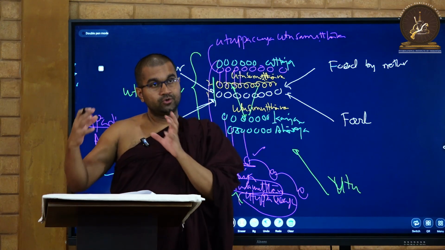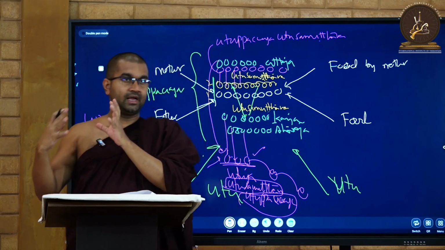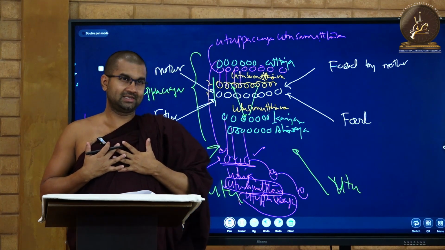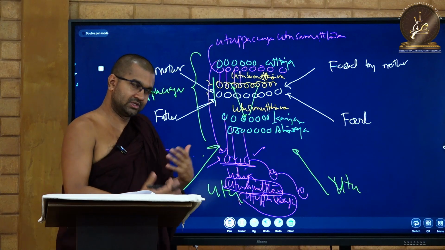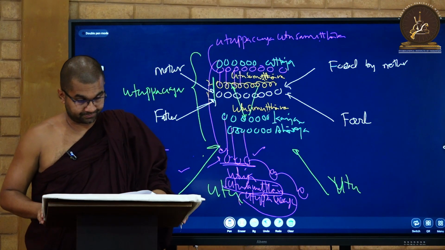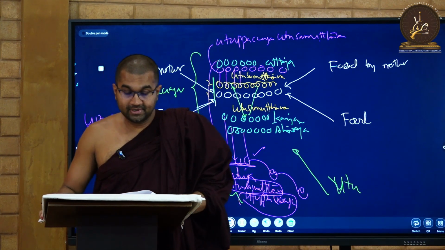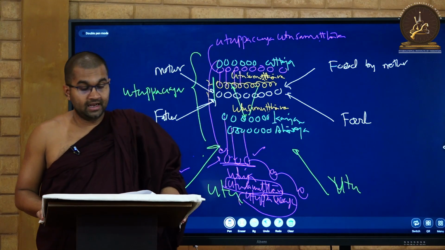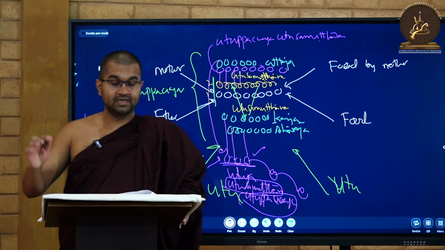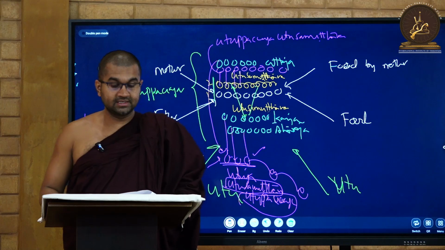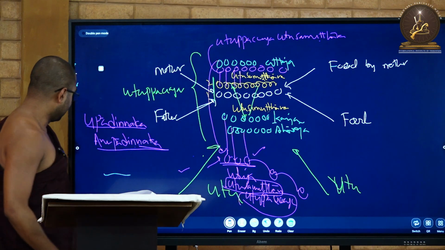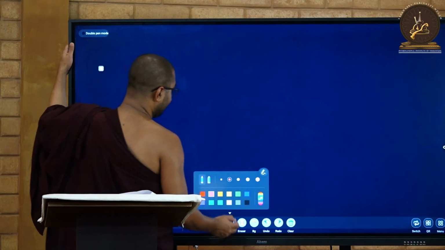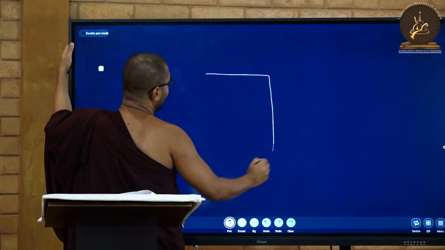So due to these rupas from the outer environment, new rupas are arising within my body, and those lineages would not last long. The fire element present in the environment that affects material bodies is referred to as Utu. So this is another definition, another way of discussing Utuja rupa. Now this is the body.